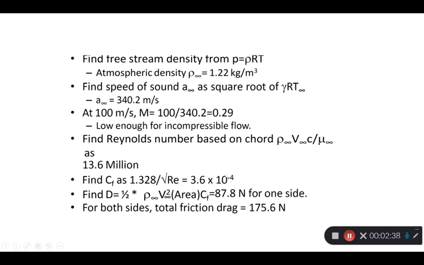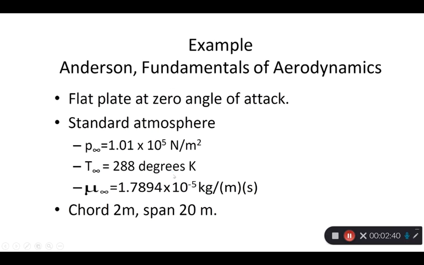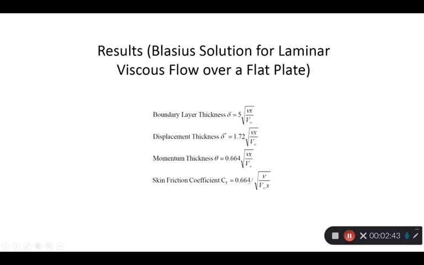So the skin friction coefficient is this expression. When you integrate the CF with dx, you get 1.328 times the square root of nu over V infinity times capital L, where L is the flat plate length.